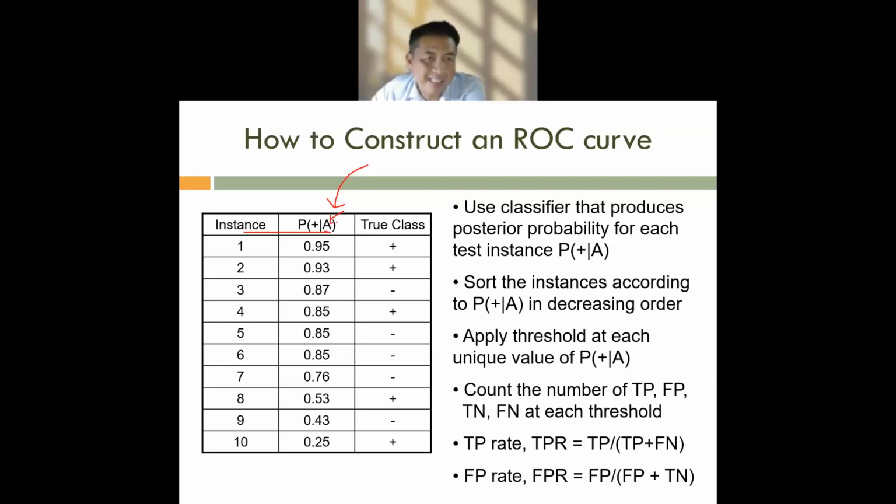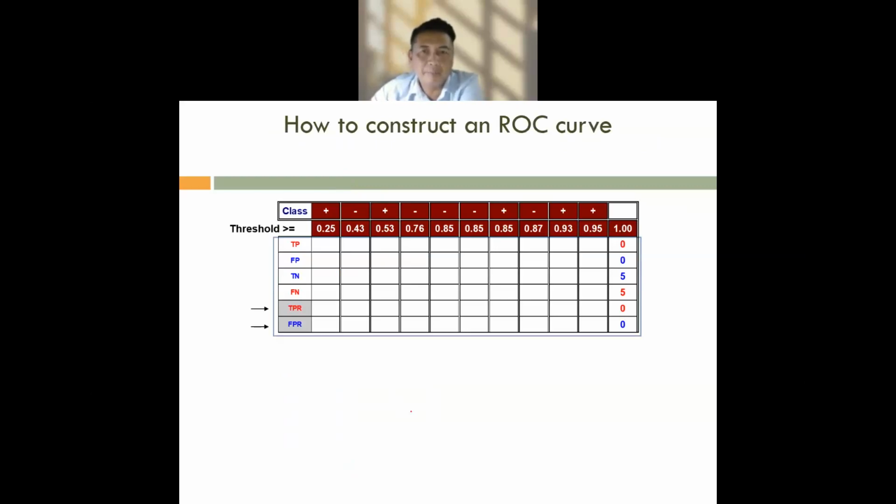Given all the attributes, what is the probability of having positive class? So we have rearranged the order here, so the highest one will be on top and the lowest one will be here.